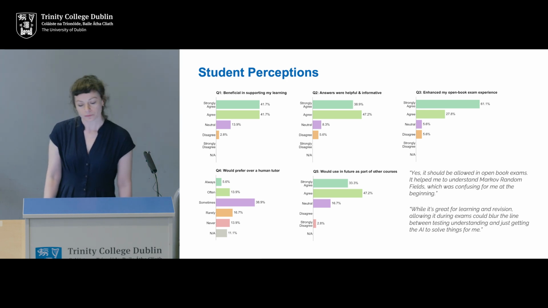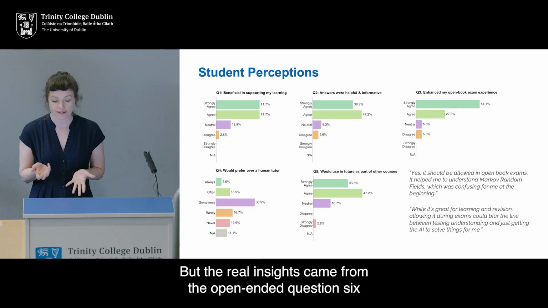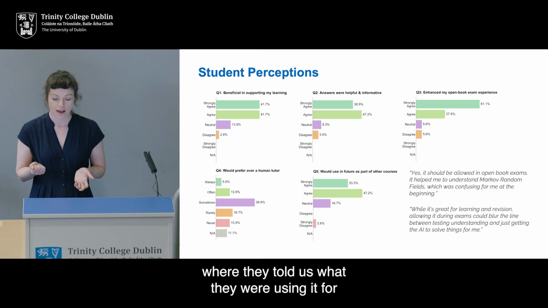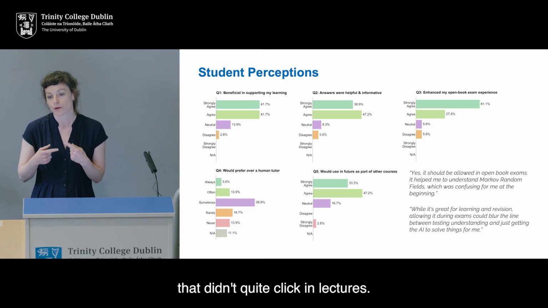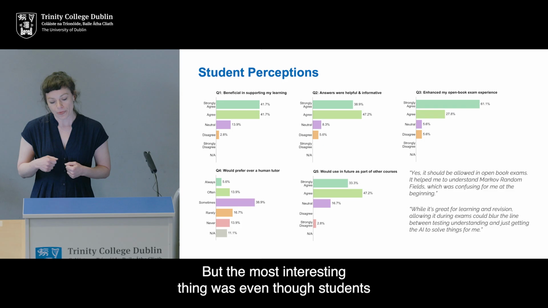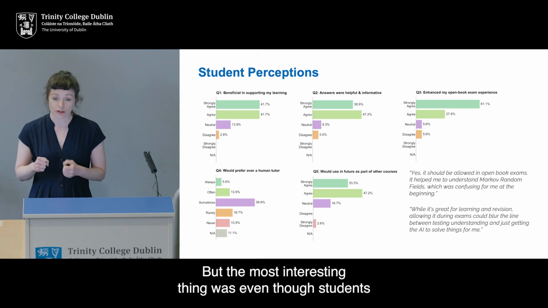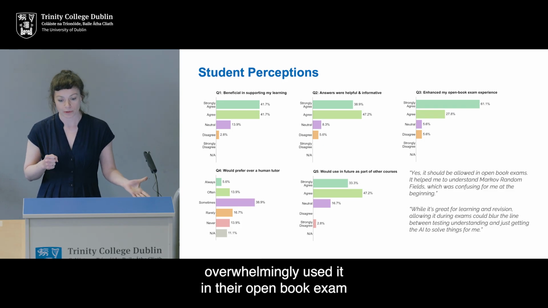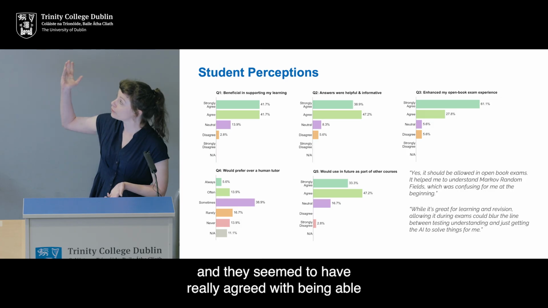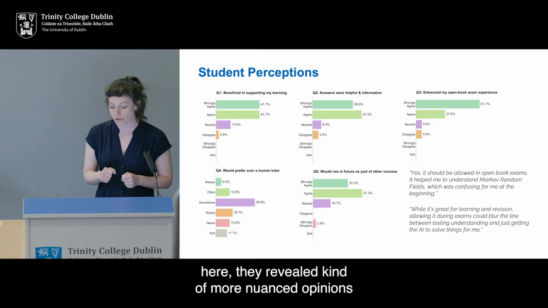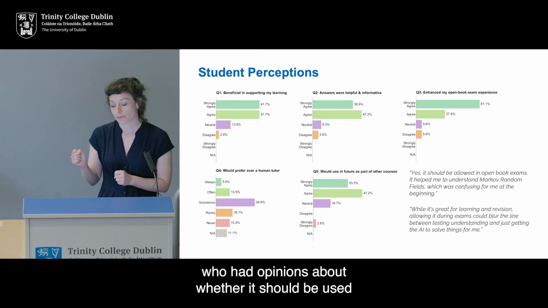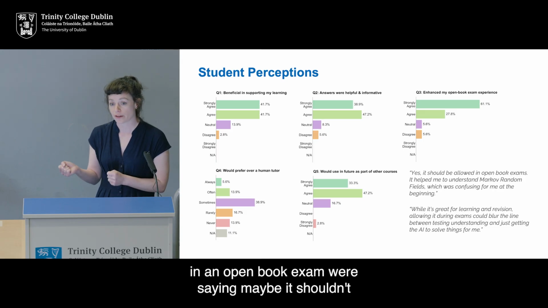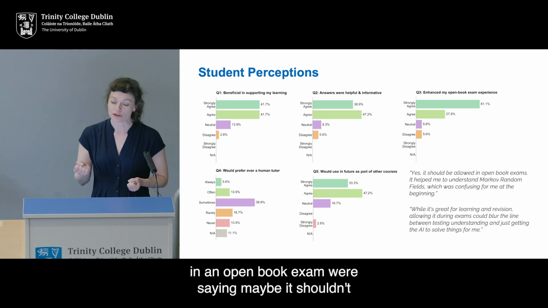Yes, maybe. But the real insights came from the open-ended question 6, where they told us what they were using it for and how it helped them sort of understand some concepts that didn't quite click in lectures. But the most interesting thing was, even though students overwhelmingly used it in their open book exam, and they seem to have really agreed with being able to use it, here they revealed more nuanced opinions around that, where half of the students who had opinions about whether it should be used in an open book exam were saying maybe it shouldn't.